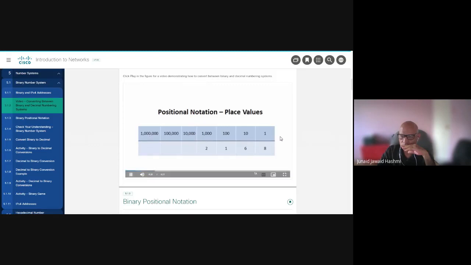These are the place values of the base 10 decimal number system. So who's going to tell me what 3 numbers are missing here? If you guys have done this.